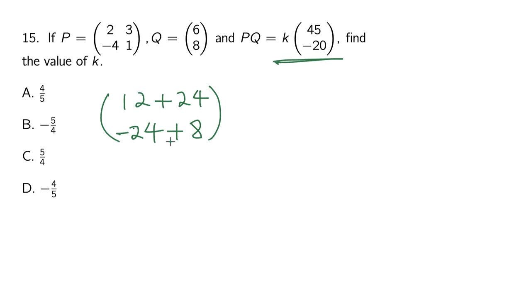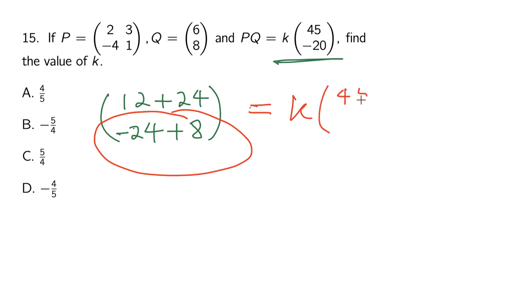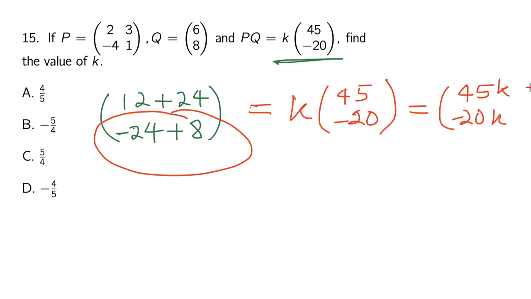Interestingly, we really didn't need to calculate this bottom component, because when you have 2 vectors being equal, we know that this vector is equal to K times 45 minus 20. So what this means is that it's equal to 45K minus 20K. So this is our vector. Now if this vector is equal to this vector, what does it mean?